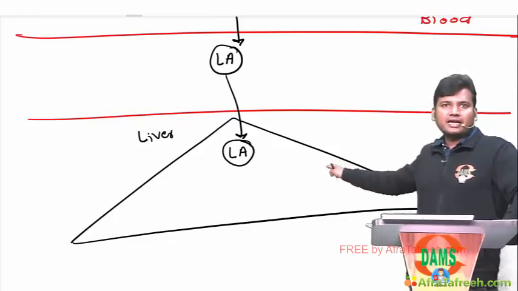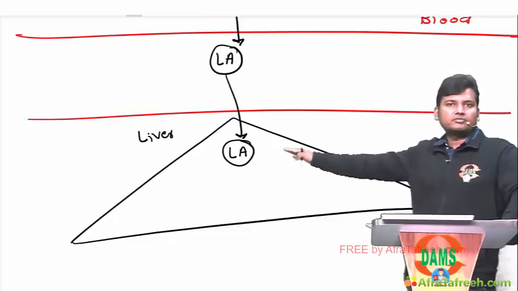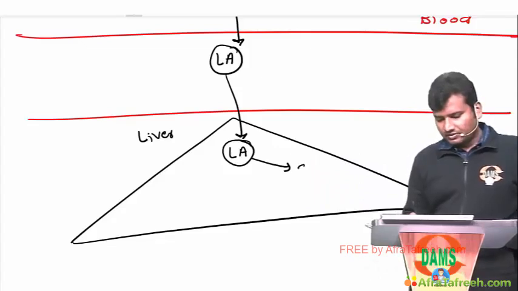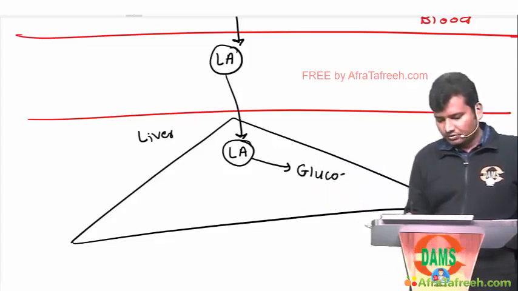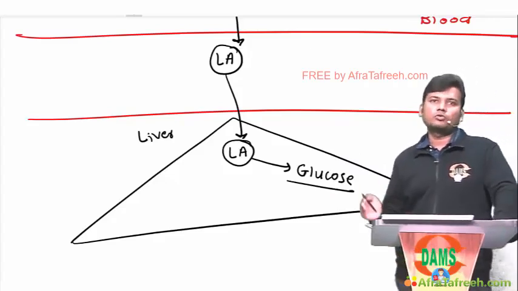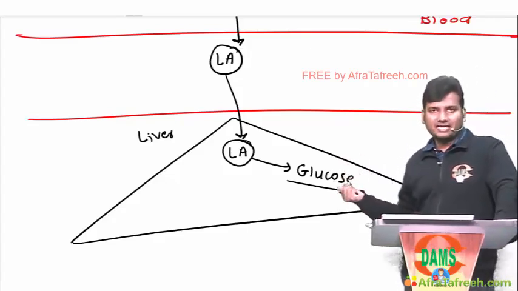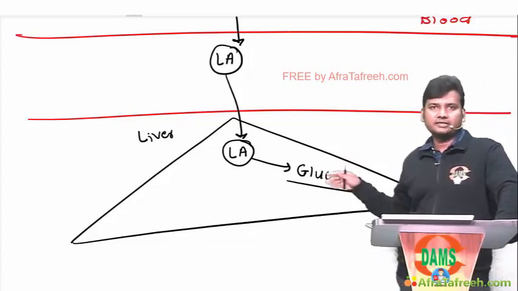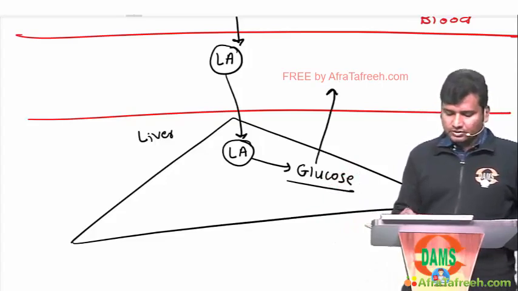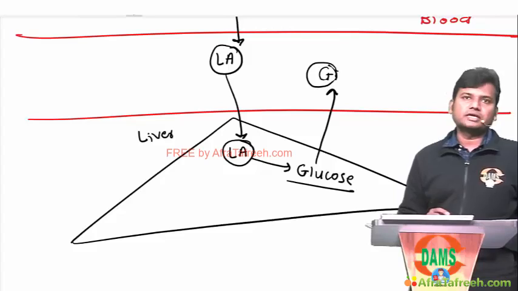So this lactic acid will be converted to glucose. This is gluconeogenesis, formation of glucose from lactic acid. It is happening inside the liver. Now liver will transfer this glucose into the blood.